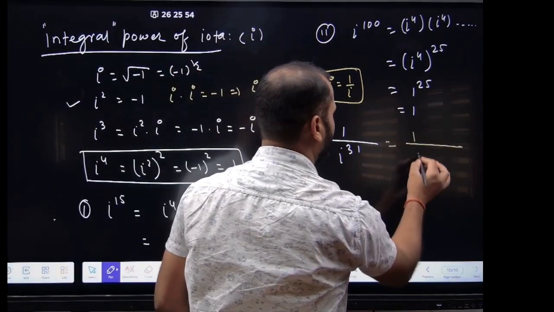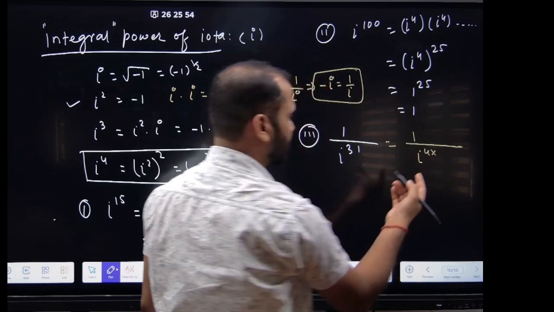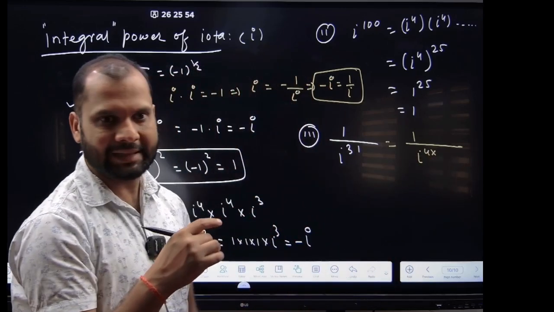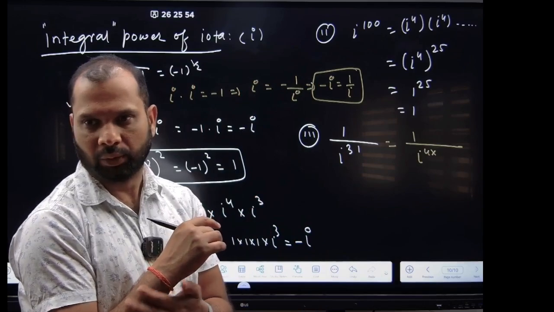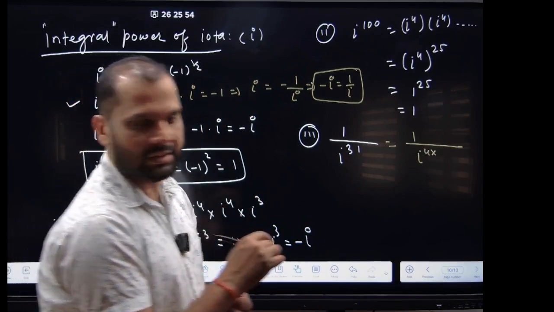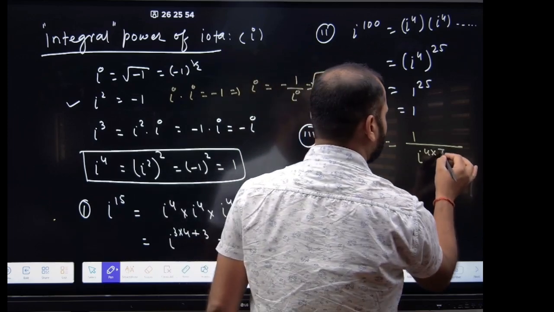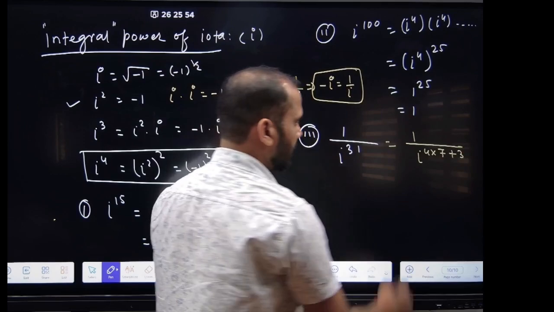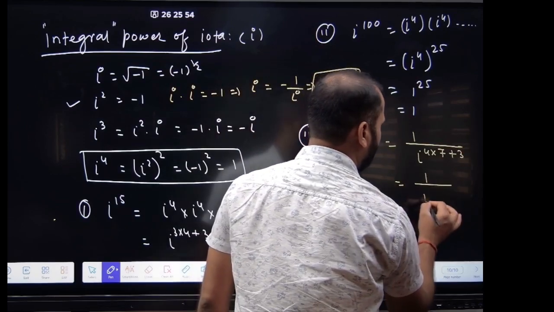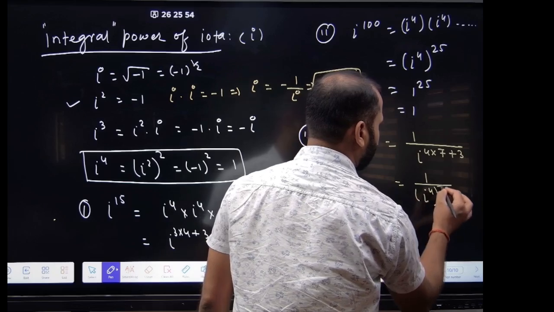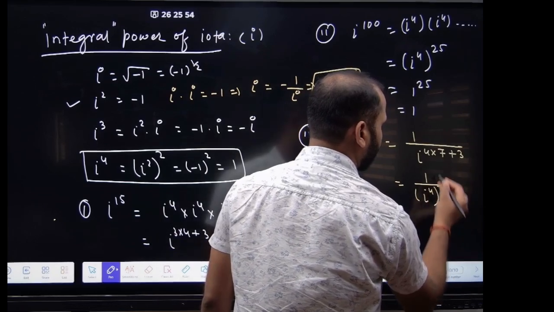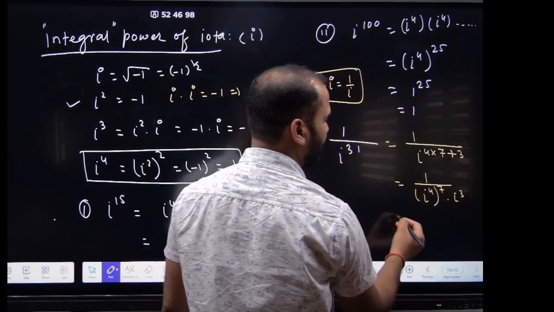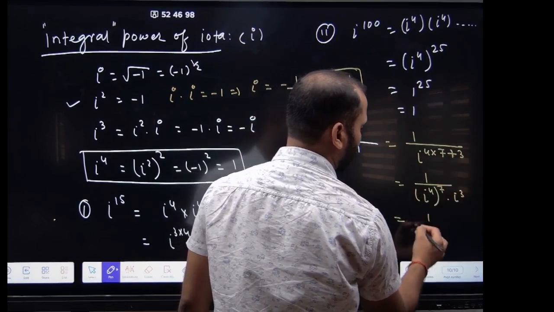You just calculate i to the power 4. How many times can you go? If you divide, 8 times? 8 4s are 32, no. 7 times. So 7 4s are 28 plus 3. Yes or no? This can be written as 1 by i to the power 4 to the power 7 into i cube. Because if it is plus, the product I can write. This is nothing but 1 by i cube.